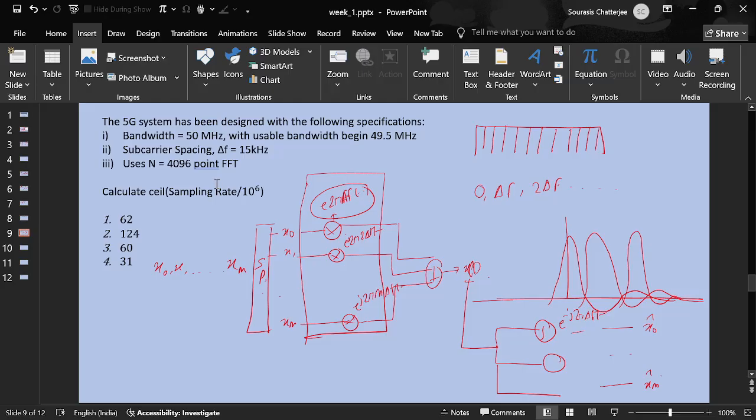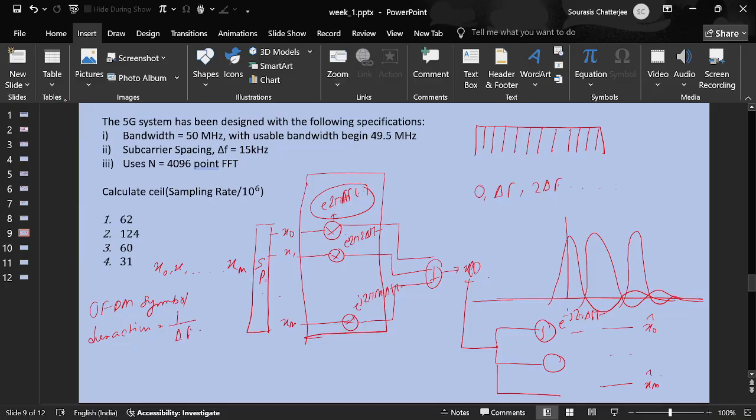How do I reach there? I see subcarrier spacing, but there is also one term called OFDM symbol duration. How is that related to subcarrier spacing? It's the inverse of subcarrier spacing. Okay, that is 1 divided by delta f, fine.